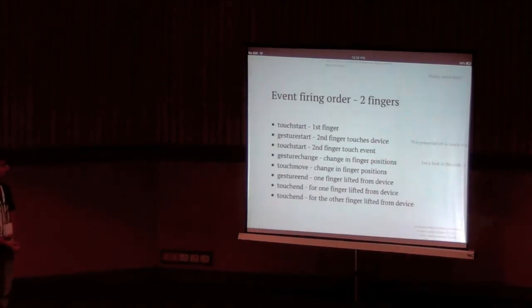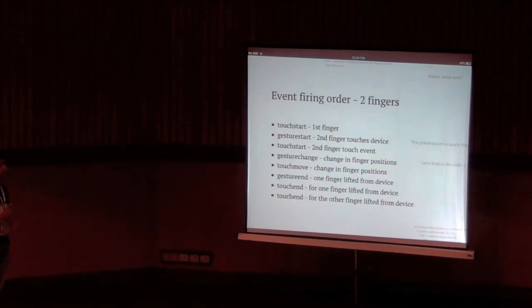Now, what happens when we start putting two fingers on a tablet or mobile device? First you get a touchstart for the first finger that touched the device. Then you get a gesturestart as soon as the second finger touches the device. Then you have a touchstart for the second finger. So even if you are not using the gesturestart event, you are still getting the touchstart with all the parameters.